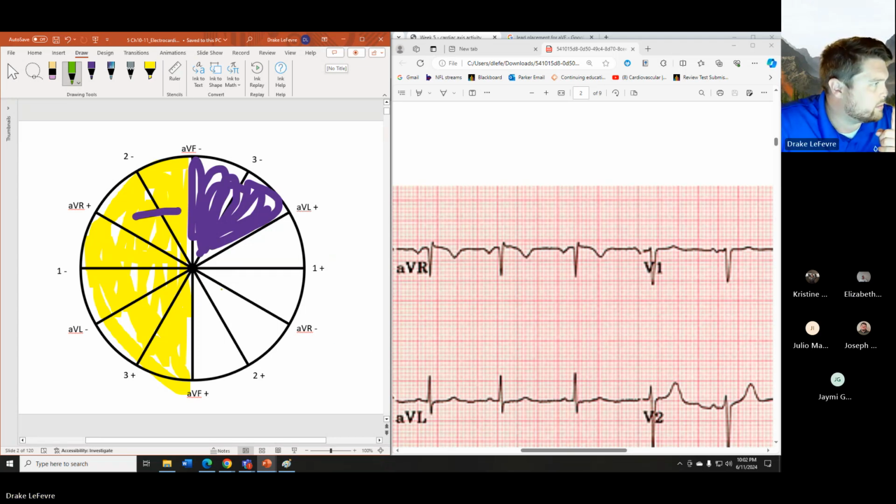So what do we do? Perpendicular line. Yeah. We find AVR, our line, and then we find whichever's perpendicular to it. So we look, bump. This guy right here is perpendicular.